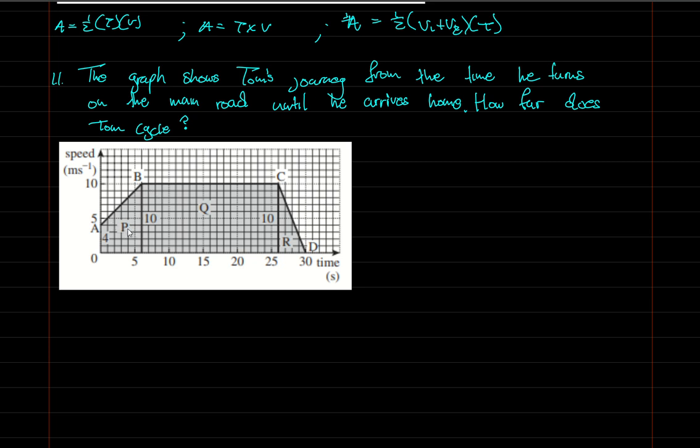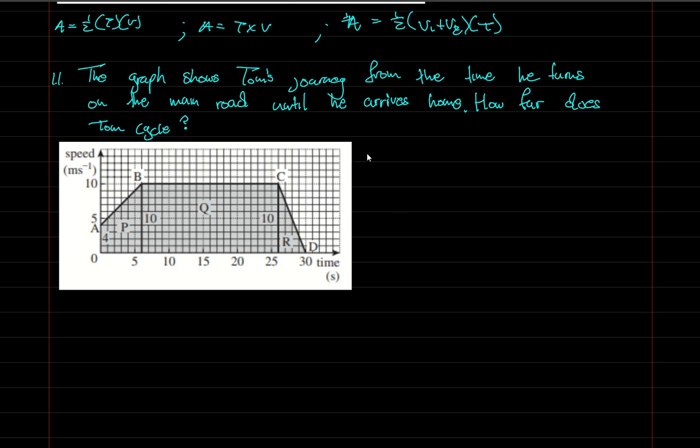We've got area P, area Q, and area R. So to get how far Tom traveled, we need to combine all of these areas into one. Please take note that it's a speed versus time graph, meaning that speed is only a scalar quantity. It actually has no direction. So let me get to it.